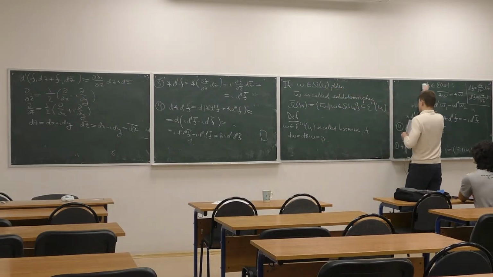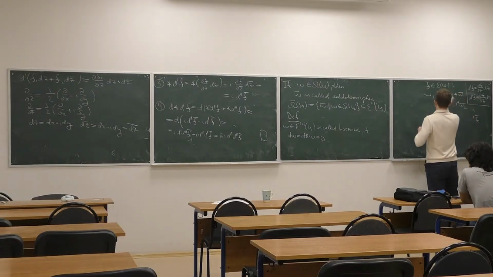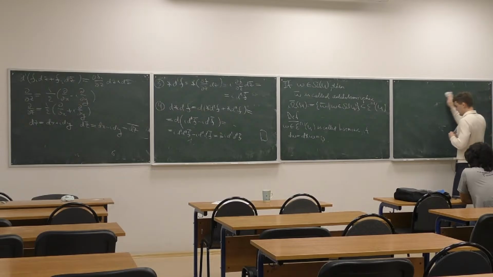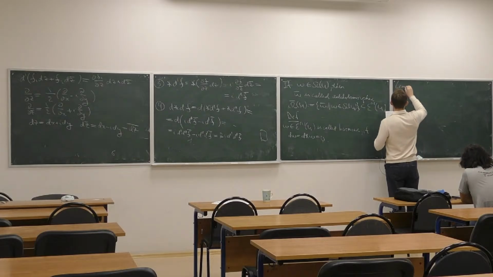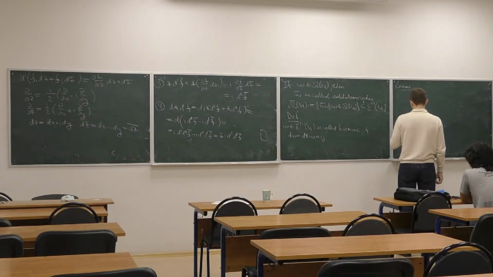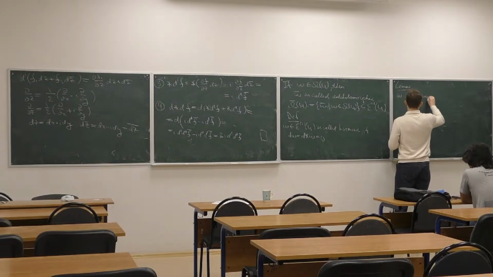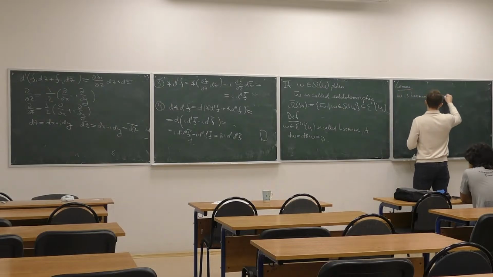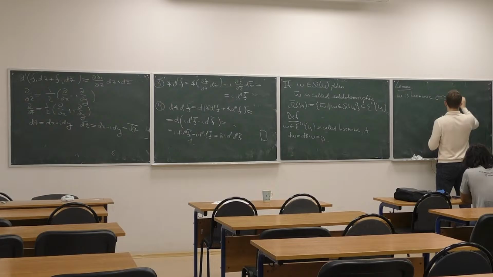We have the next simple lemma, saying that omega is harmonic. It's equivalent to the fact that d prime omega equals d double prime omega equals 0.